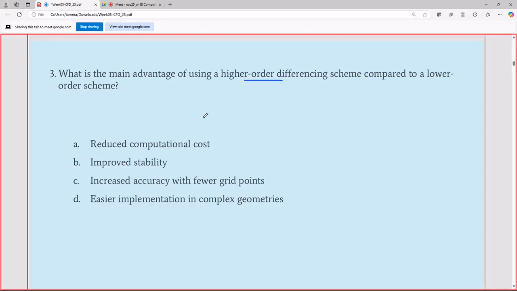Options are: option A, reduced computational cost; option B, improved stability; option C, increased accuracy with fewer grid points; option D, easier implementation in complex geometries. You can box your answers.